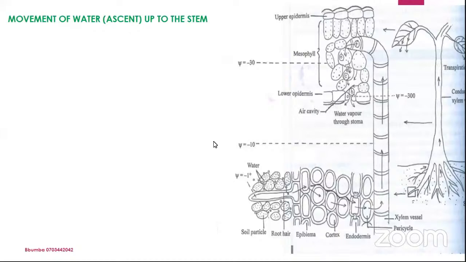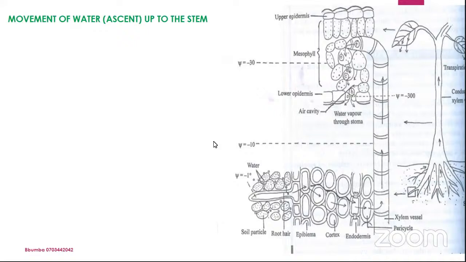Secondly, it was about movement of water into the vascular system, that is, in this case, the xylem. And thirdly, we shall look at the ascent or movement of water up the stem, because first it came from the soil to enter the root system. Then when it had entered, we looked at the second bullet of how water enters the vascular system.